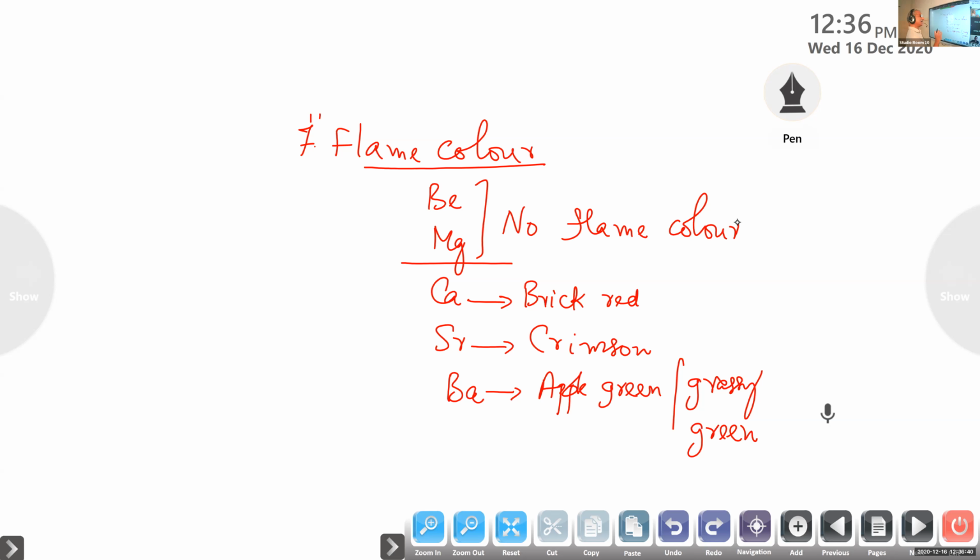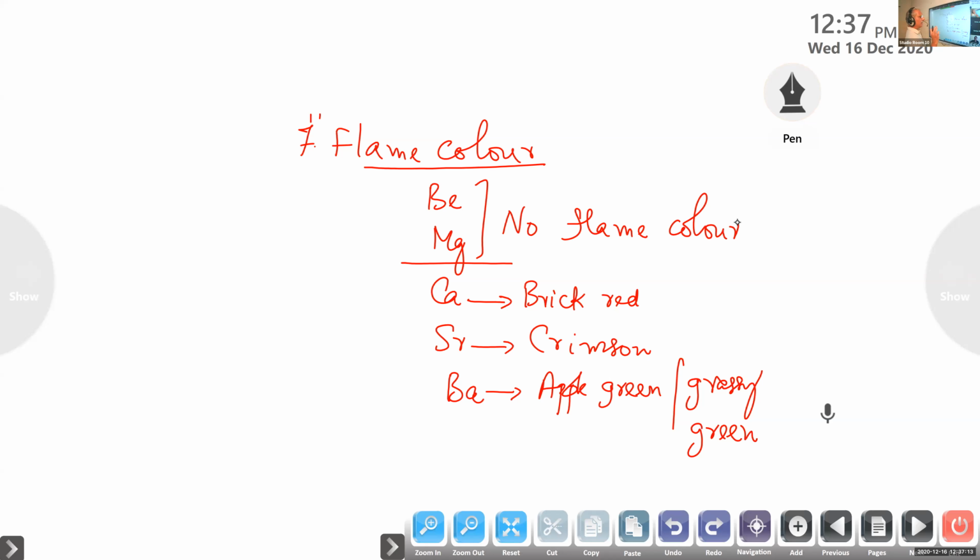Then a definite quantum of energy is emitted, released, corresponding to the wavelength or frequency of the quantum of energy emitted, and a color is produced. So there should be excitation of electron by absorbing energy from the flame. But here, beryllium and magnesium are very small.